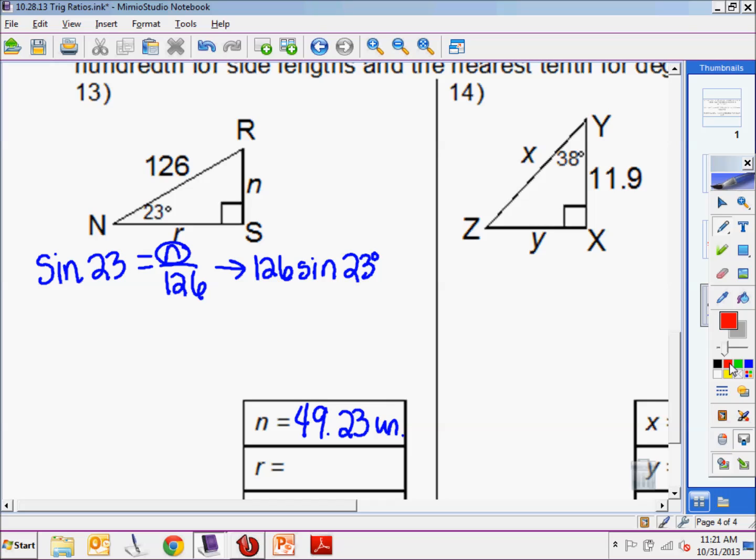R. What's the relationship here now? Adjacent and hypotenuse. Adjacent means next to. We're solving for R. R is next to the angle. Okay? So if I'm at this angle, this would be adjacent to me. It's next to me. It's not across from me. So if I have adjacent and I have a hypotenuse, what is that? Cosine. Cosine of 23 is R over 126.